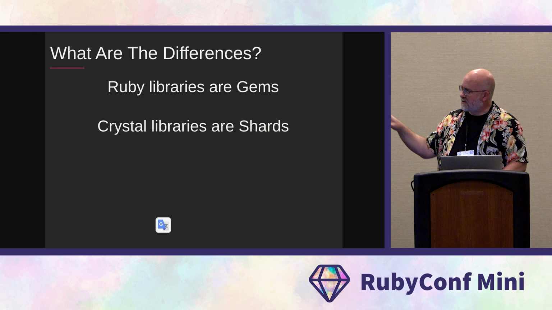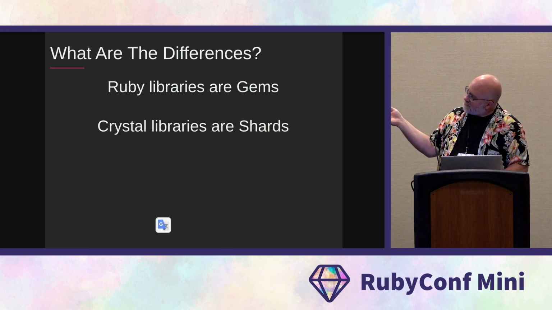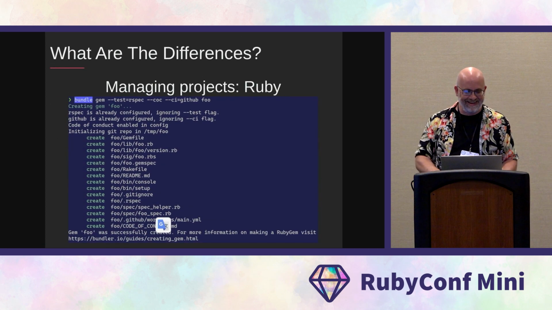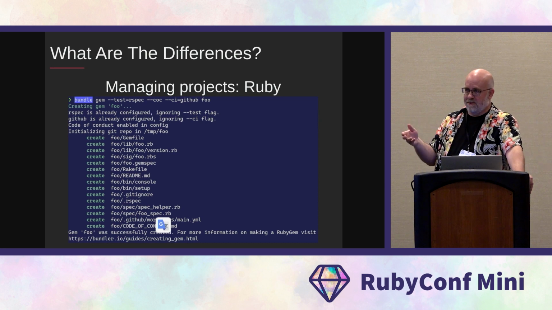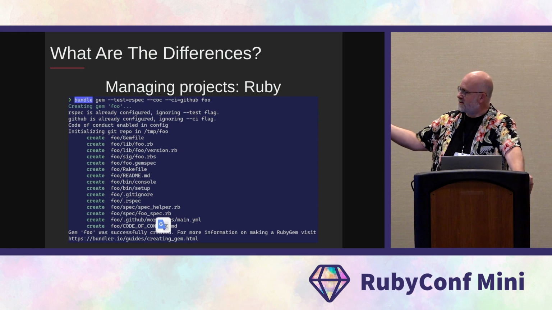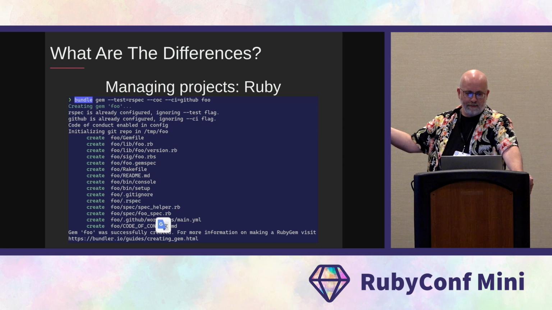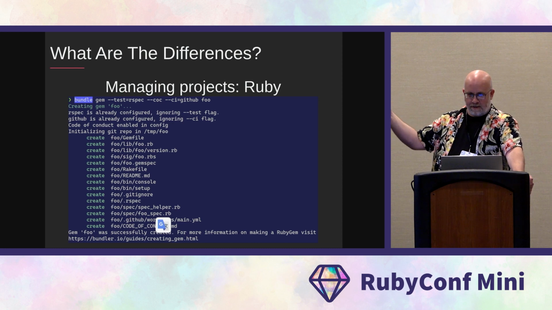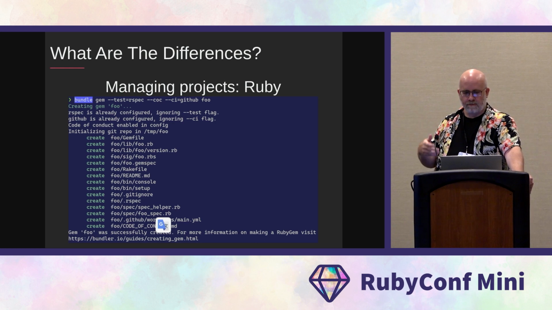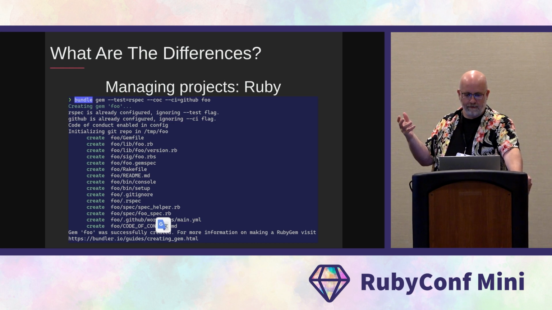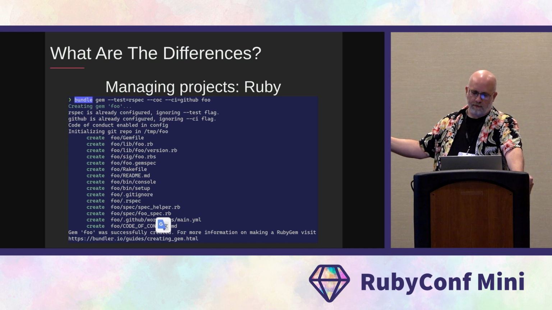So this is a quick example of something you're probably familiar with. This is how it would look if you wanted to create a new project with bundler. You do bundle gem, and then you can give it some command line options to tell it what kind of test suite you want to use and how you want to do your CI and whatever, and it'll go create your stubs for you.